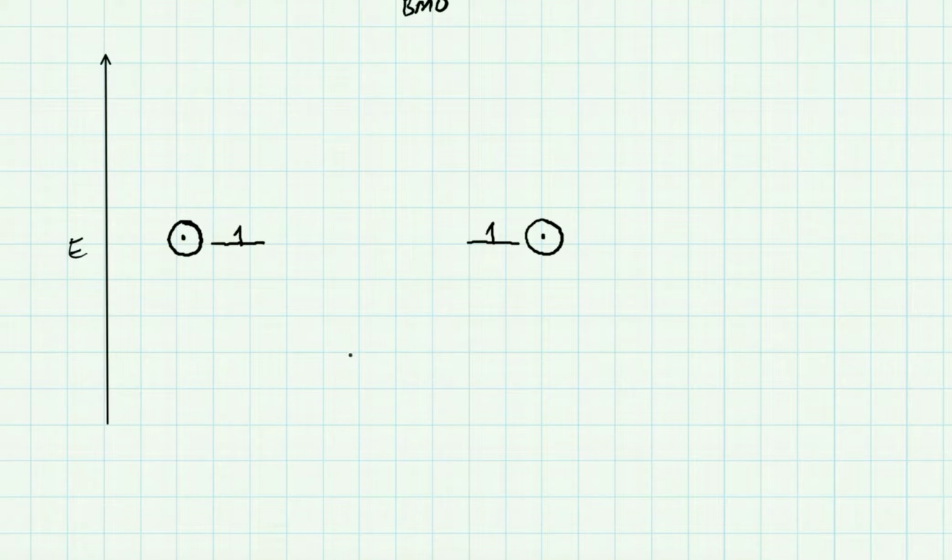So one possibility is that atomic orbitals combine together to give rise to an orbital that contains the electron density in between the two combining nuclei, this way.